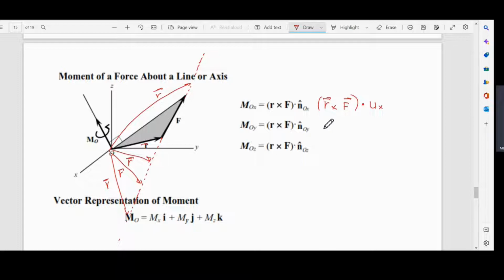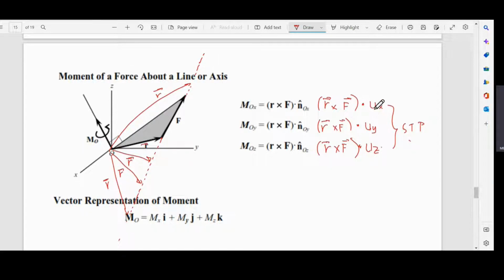And then the moment along y will be using the unit vector along y, and then ganun din sa z axis. Okay. So this is now the application of what? Scalar triple product. Scalar triple product.